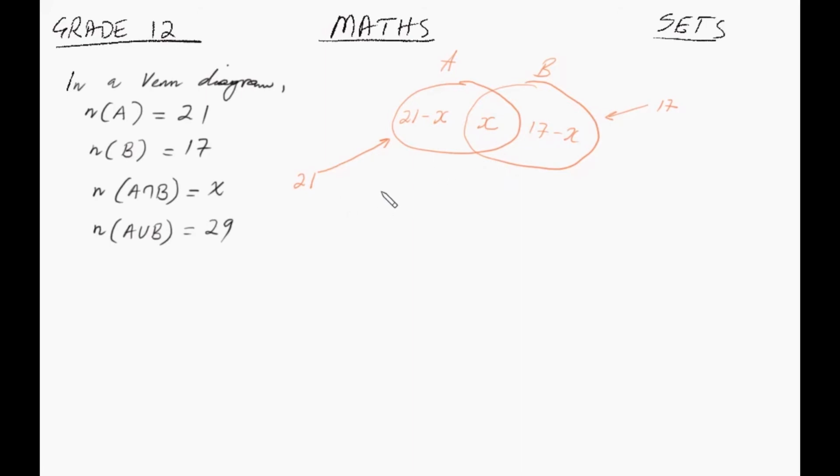The number of elements in A union B is 29. That means when you add these numbers, you should get 29.